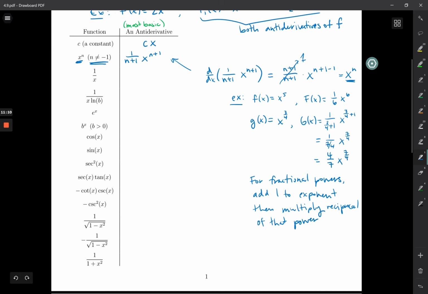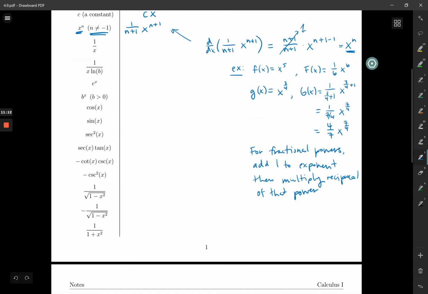Just to do a quick example, we've used f and g, so let's use h, x to the 1/2. An antiderivative here would be, well, we would add 1 to the exponent. That would give us 3/2, right?